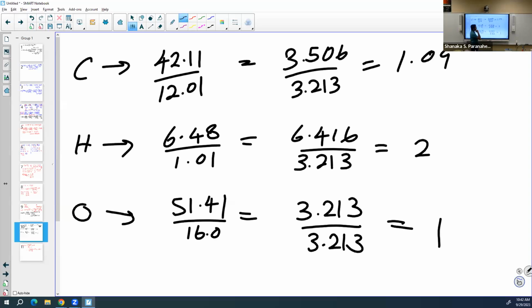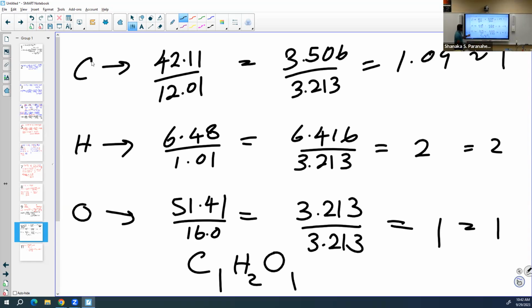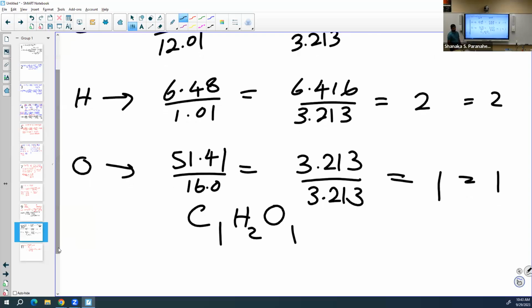So 1.09 is close enough to 1, so we can round it off to 1. This is equal to 2. This is equal to 1. So now we have our empirical formula: number of carbon is 1, number of hydrogen is 2, oxygen is 1. So CH2O. Okay, so there will be one question like this.